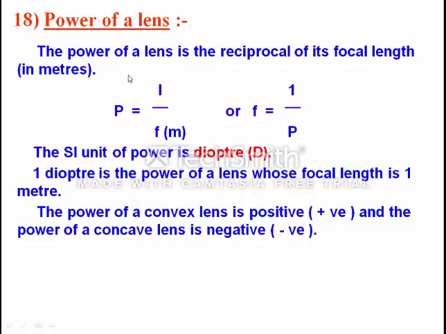So 1 diopter is the power of a lens whose focal length is 1 meter.